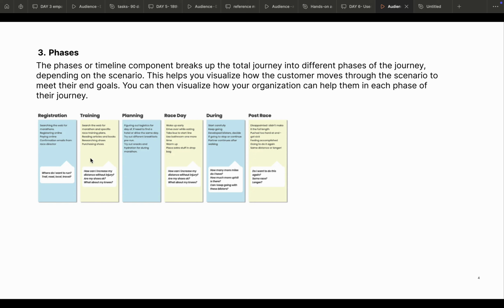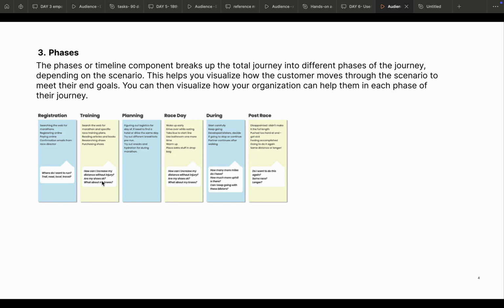Okay, this training phase: search the web for marathon and specific race training plans. Reading articles and books, researching shoes, purchasing shoes. How can I increase my distance without injury? Are my shoes okay? What about my knees?